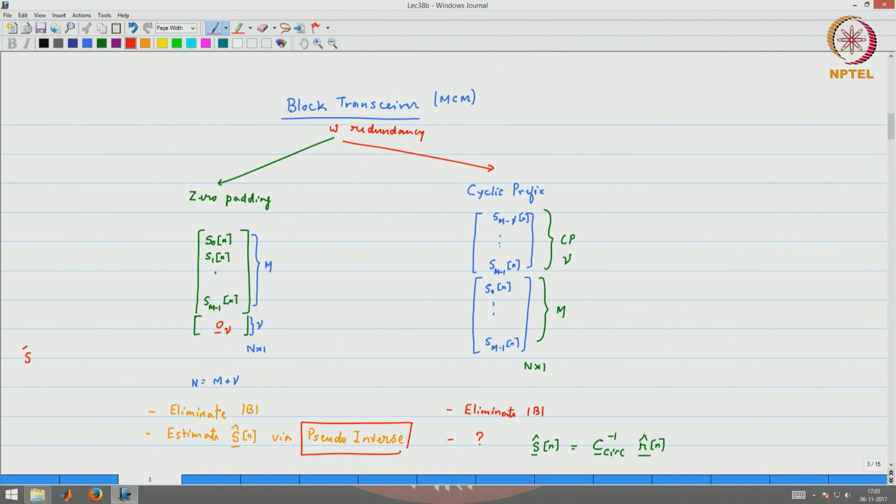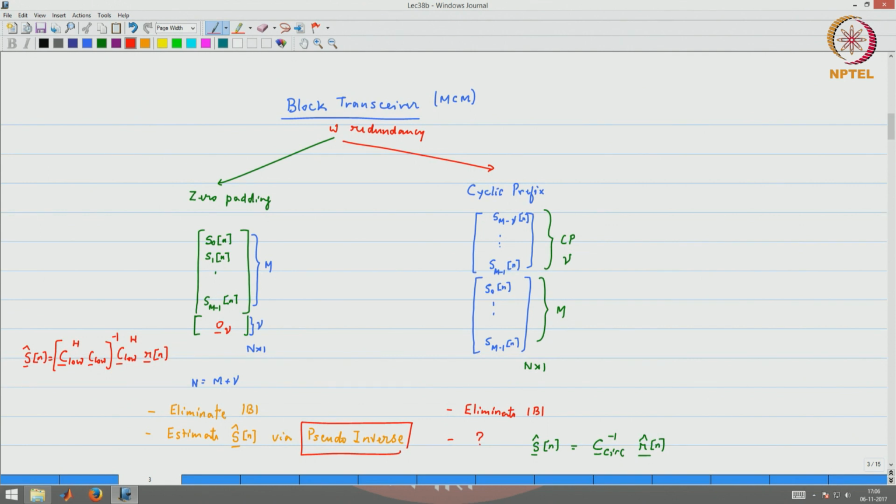S hat of n, the detected signal, will be equal to the matrix C low, derived using the first M columns of the matrix, C low Hermitian C low inverse, C low Hermitian, times the received signal R of n. R of n has more observations than the number of unknowns that we are trying to detect. So, it becomes a least squares problem, for which we do the pseudo inverse.